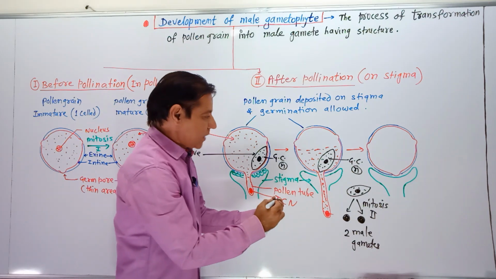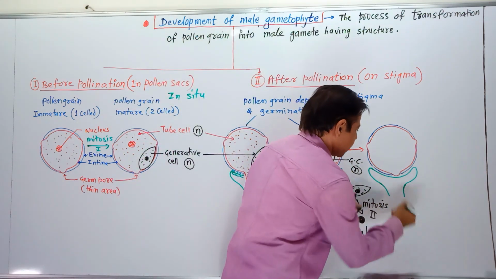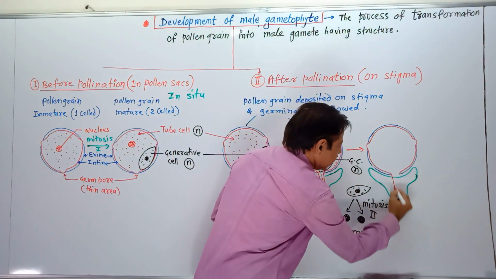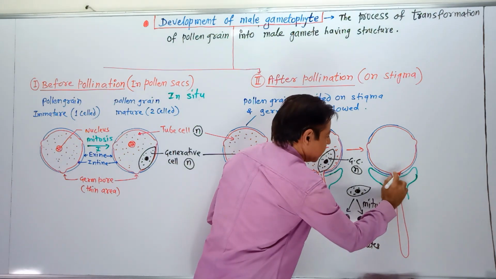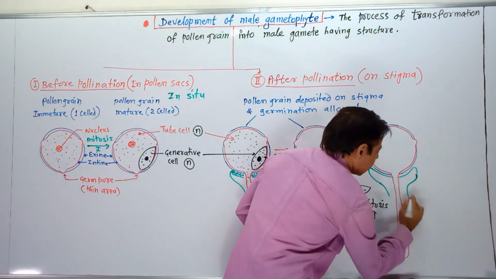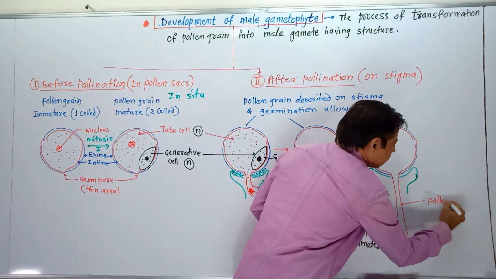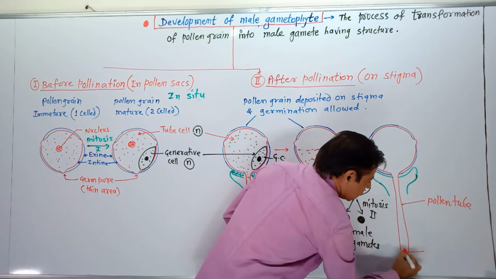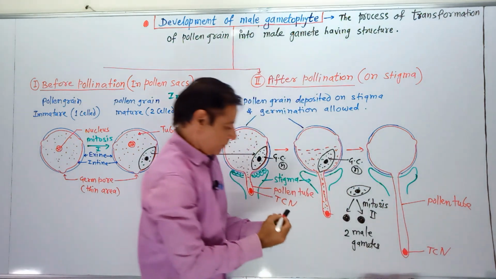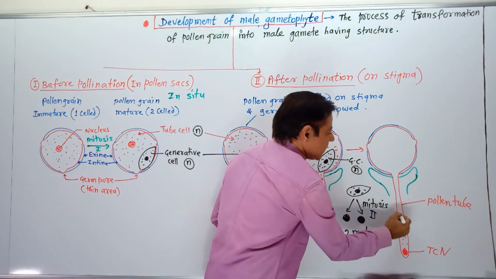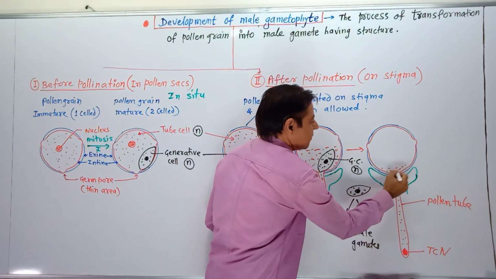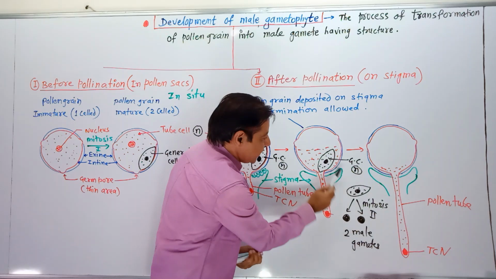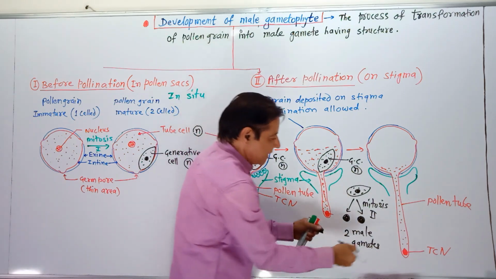And in the next figure, we have a well developed pollen tube, then a tube cell nucleus, then the cytoplasm of the tube cell which comes into the pollen tube, and after division of the generative cell, two male gametes are formed.